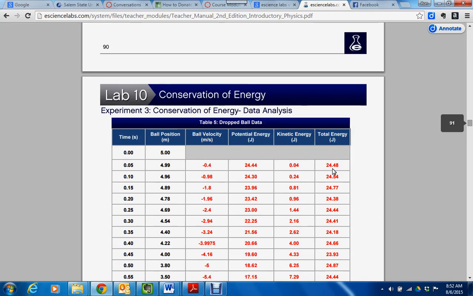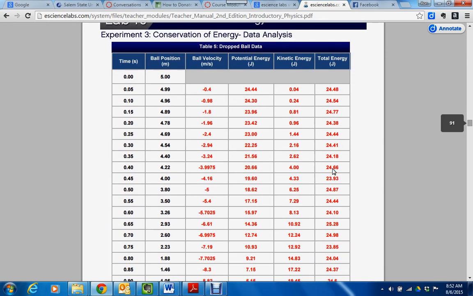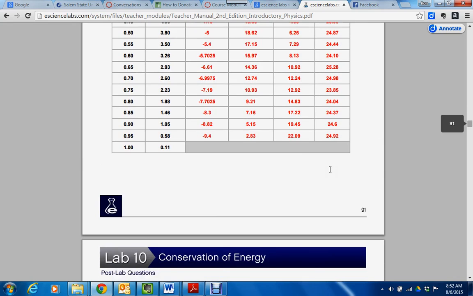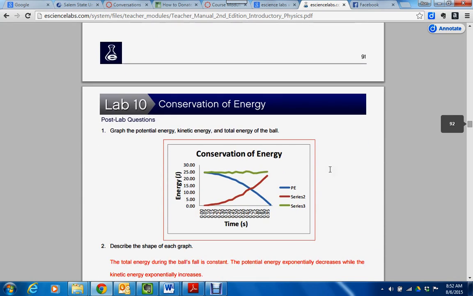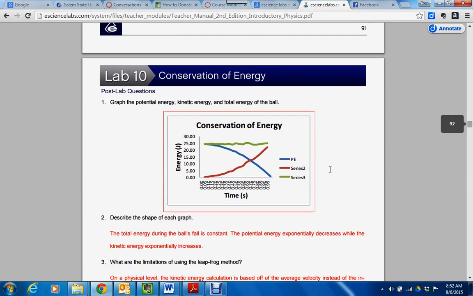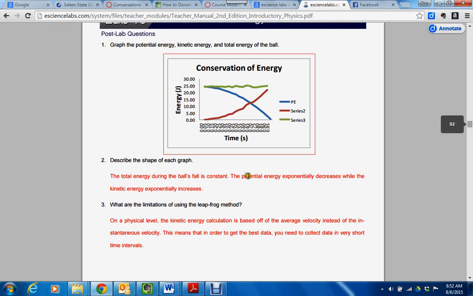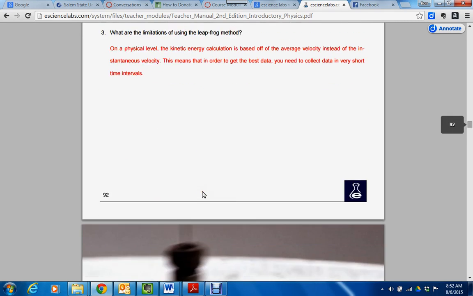So I think your questions were all around the spring one and not these other ones, but just like that, the total energy should be the same. The potential energy decreases, the kinetic energy increases. Potential energy decreases while the kinetic energy increases.